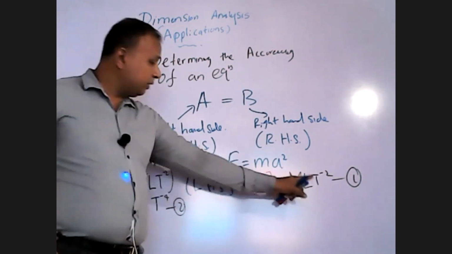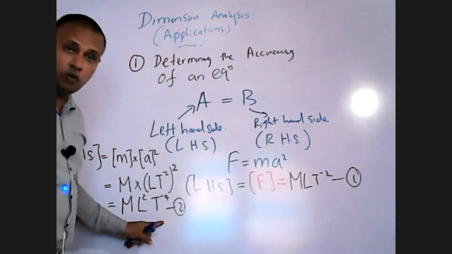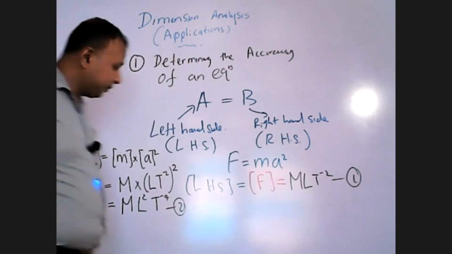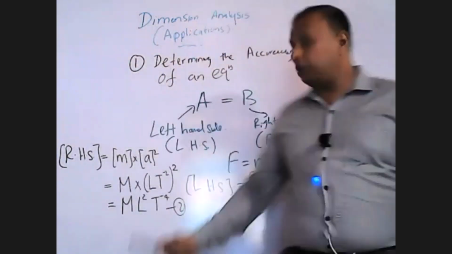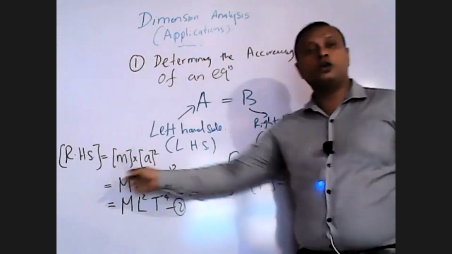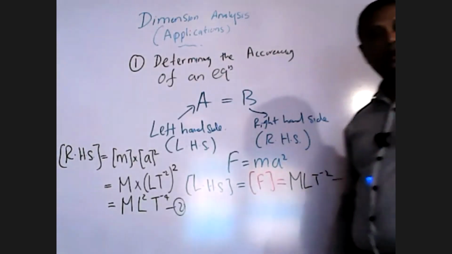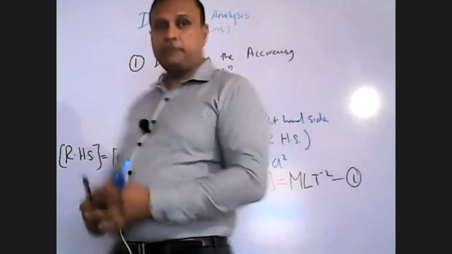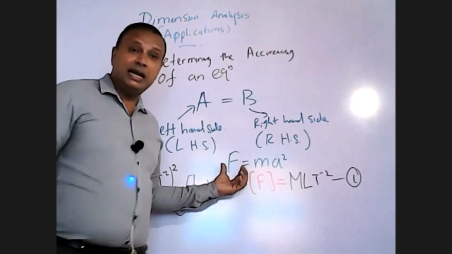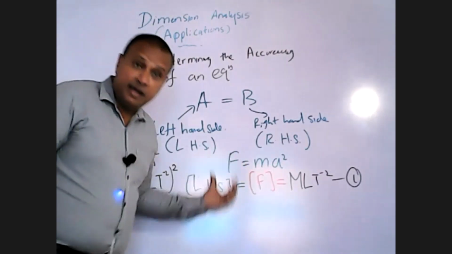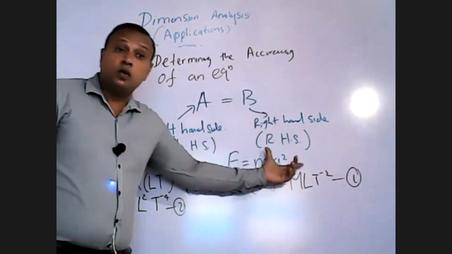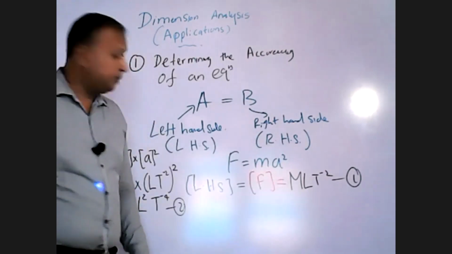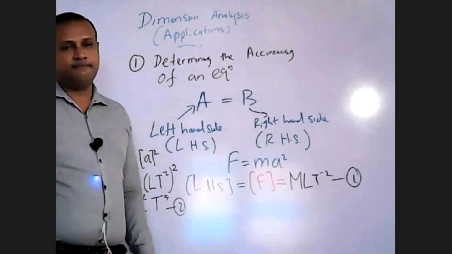From equation 1 and equation 2, it is very clear that the dimension of RHS is not equal to the dimension of the left hand side. That means the physical quantity represented by LHS is not equal to the physical quantity represented by RHS.